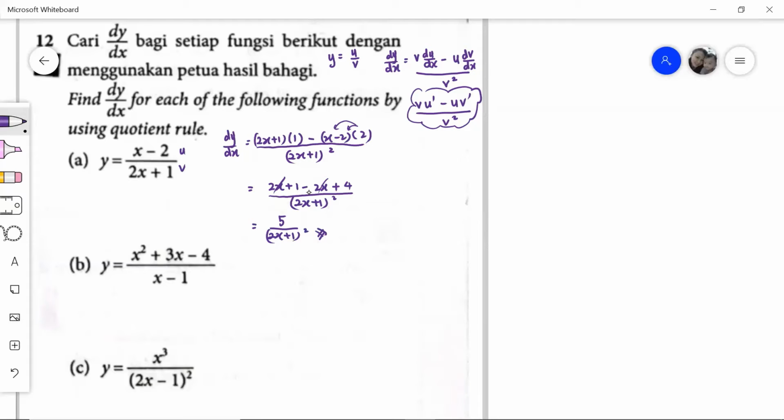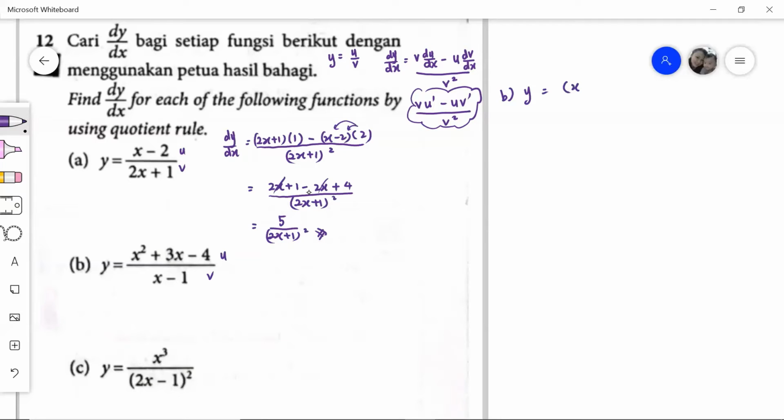As for part b, this is u and this is v. As I said, if we can factorize it first, please do it to make our job easier. So for y, we have x squared plus 3x minus 4, which we factorize right away.